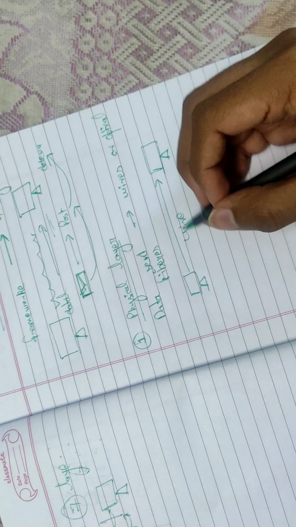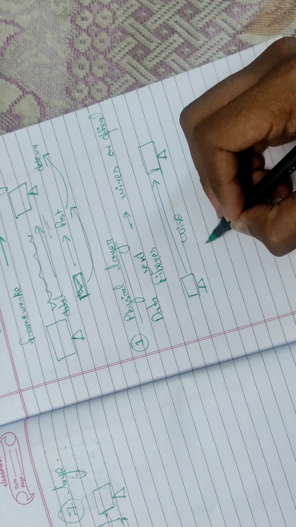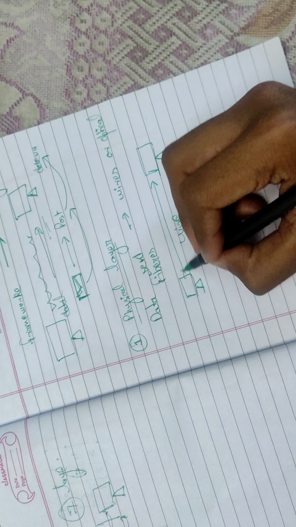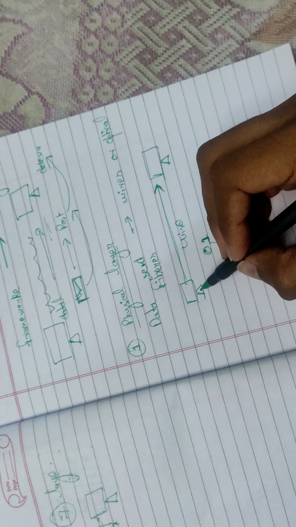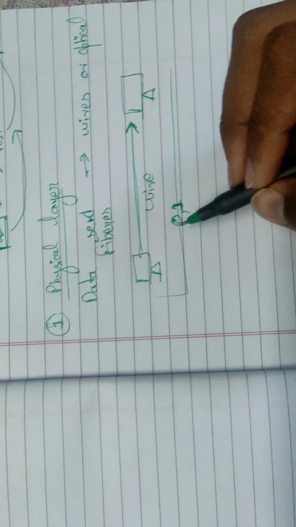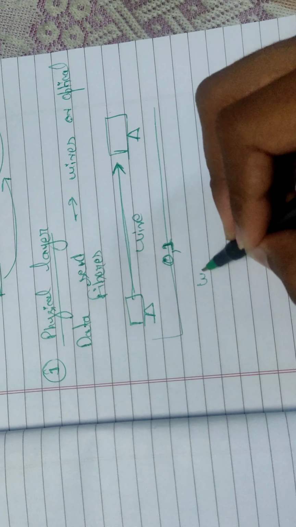It transmits the raw data in the format of 0s and 1s, and we know that these bits travel through this wire. So all this communication comes under the physical layer. Basically in physical layer, all the data is sent through wires.